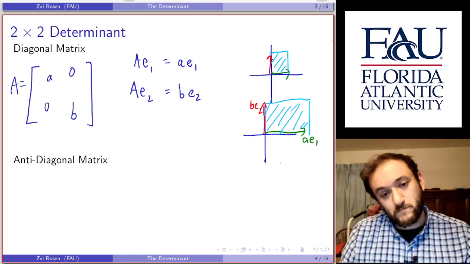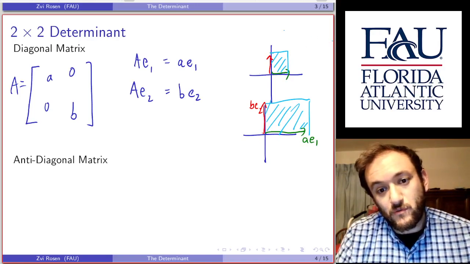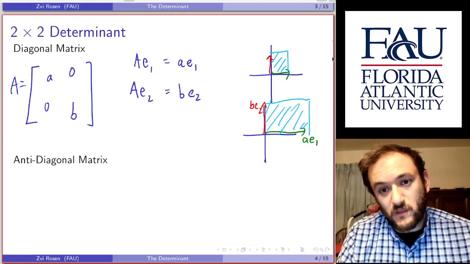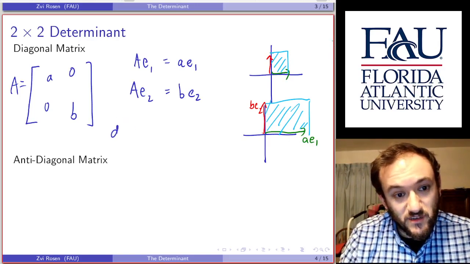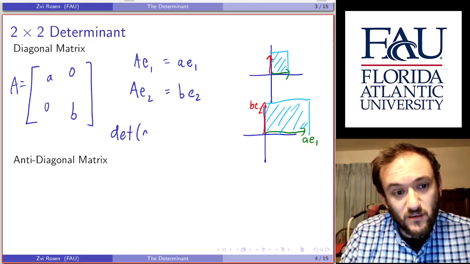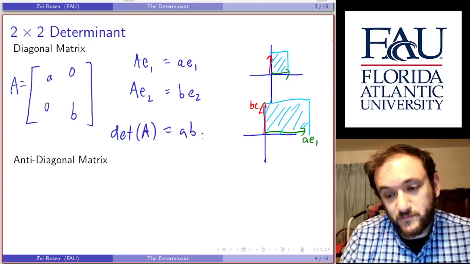So it makes intuitive sense that the determinant of A would be AB.